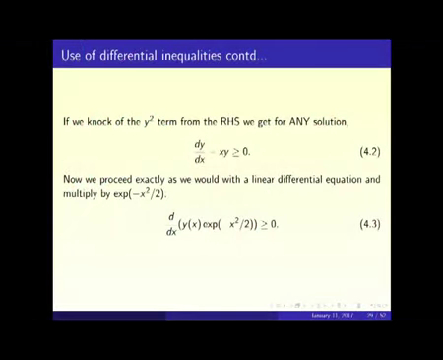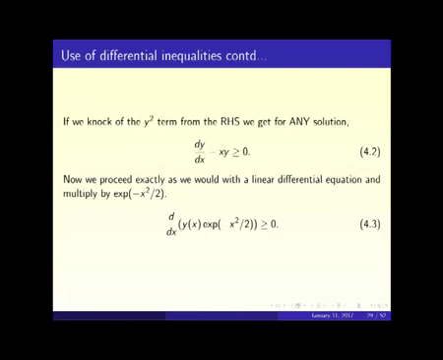Now, suppose in 4.2 you had an equality instead of an inequality, then 4.2 would be a linear differential equation, right? So how would you proceed in that case? You would multiply 4.2 by e to the power minus x squared by 2, right? But do the same thing here. Never mind, it's an inequality, but e to the power minus x squared by 2 is always positive.